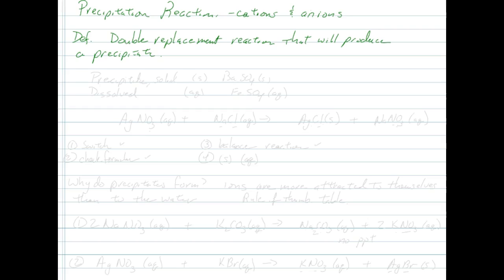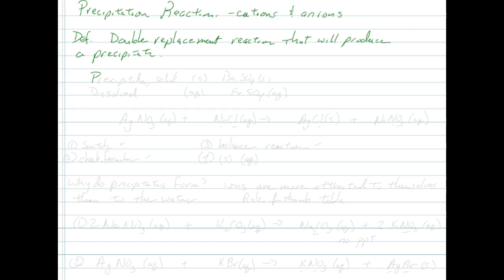Not all double replacement reactions are precipitation reactions, but all precipitation reactions are double replacement. You have to have a precipitate form in order to have a precipitation reaction. You gotta have a solid. The solution has to be cloudy.